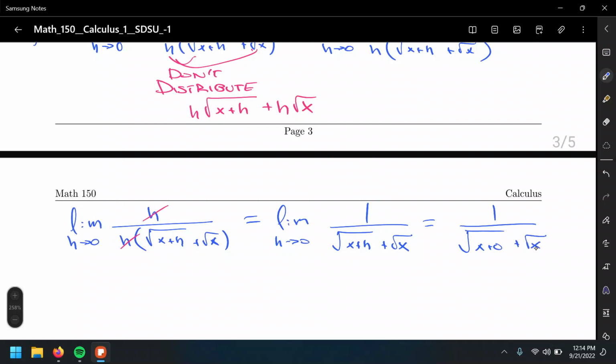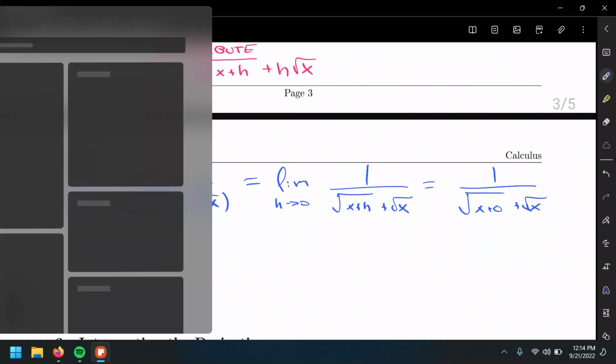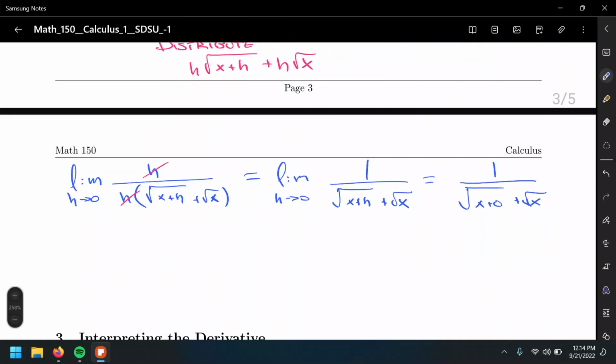But throughout the exercise, we need to write the limit symbol all the time. So x plus 0 is simply 1 over square root of x plus root of x, and the denominators are like terms, that's 2 root of x.